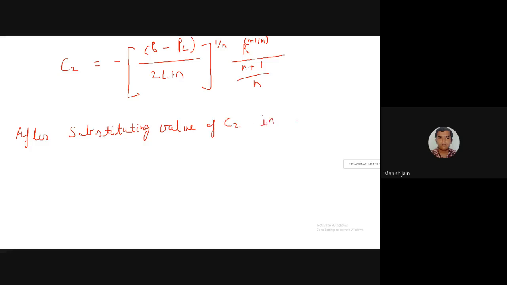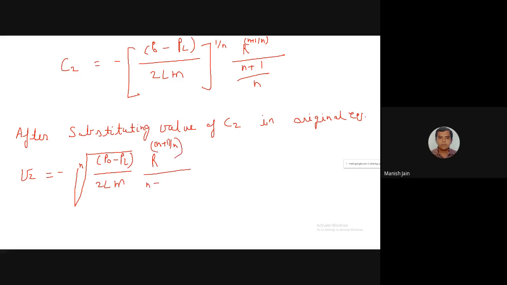In the original equation, you will get vz equal to ((P naught minus PL) divided by 2Lm) to the power 1 by n, multiplied by capital R to the power (n plus 1) divided by n, divided by (n plus 1) divided by n, in bracket 1 minus (r divided by capital R) to the power (n plus 1) divided by n.